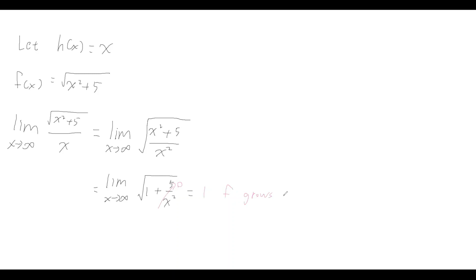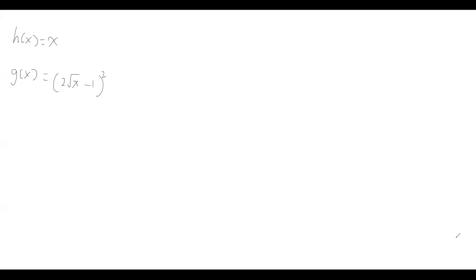grows at the same rate as h. Okay. Now, next we just need to show that g also grows at the same rate as h, and then we can say that f and g grow at the same rate. All right, so here we go.